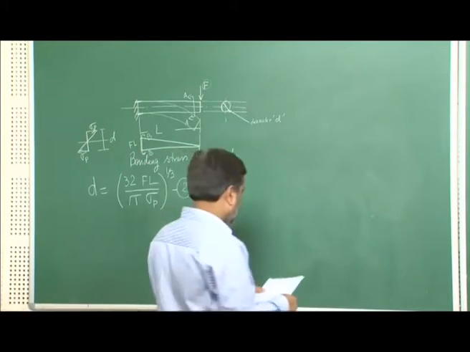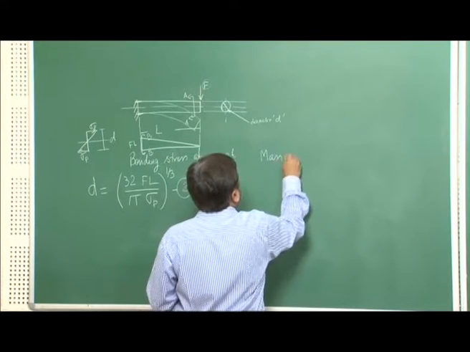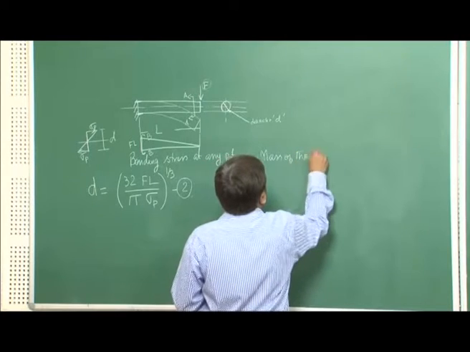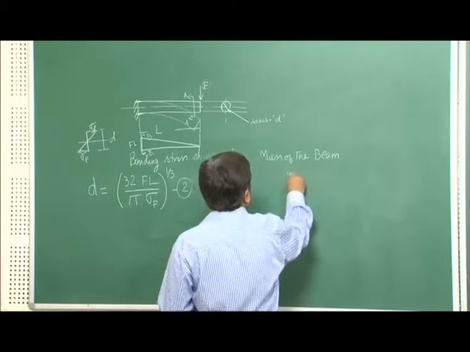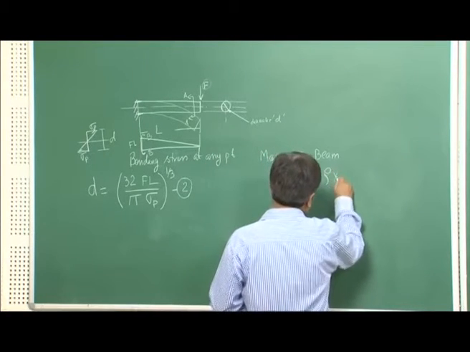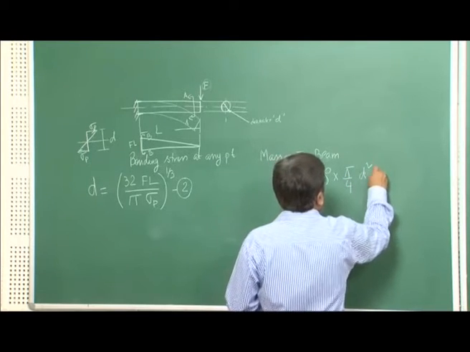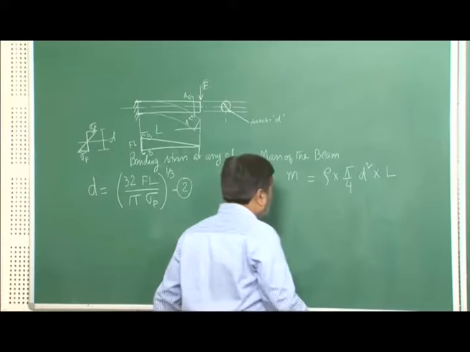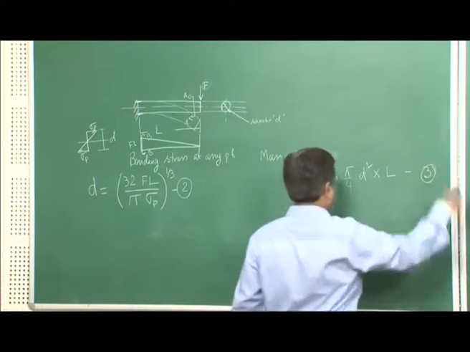Mass of the beam, M equals rho into pi by 4 d square into L. That is my third equation.